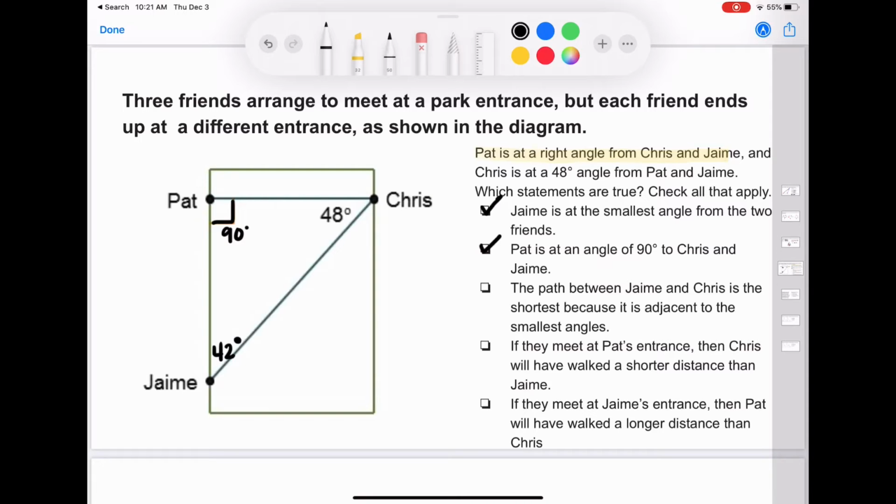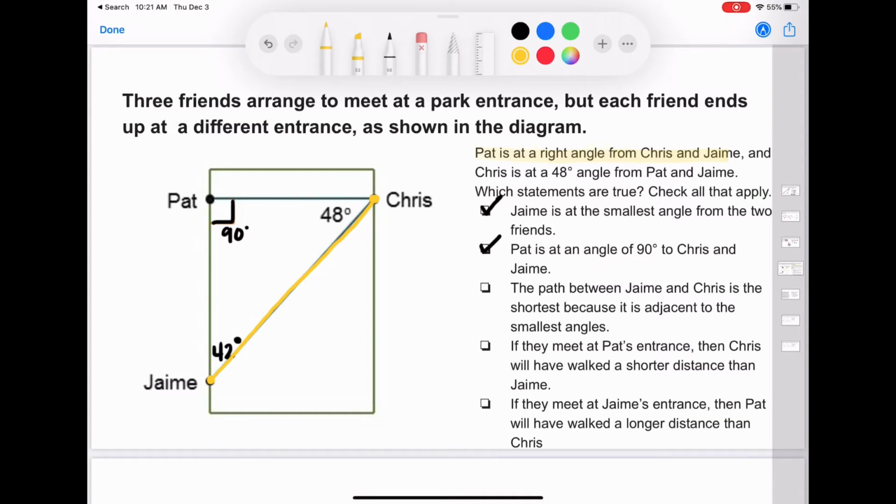The path between Jamie and Chris is the shortest because it is adjacent to the smallest angle. So we're looking for the path between Jamie and Chris. Now I'll go ahead and color this just so we can see it a little bit clearer. So they're saying this path is the shortest because it is adjacent to the smallest angle. Well, that's not anything that we've learned.